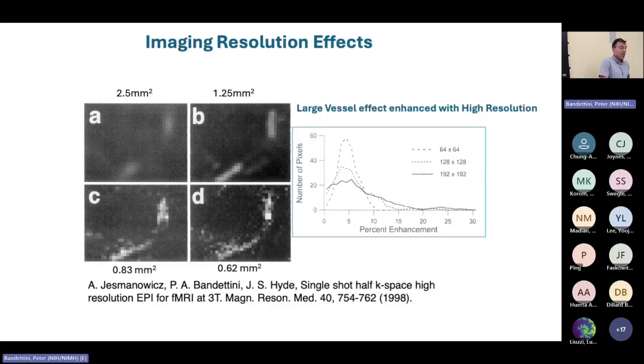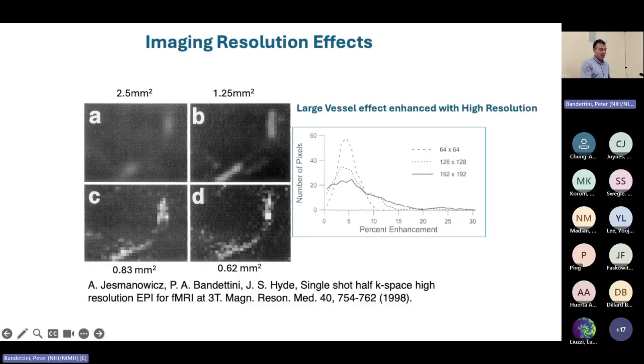So we did a study a long time ago where we basically changed the voxel size from 2.5 millimeters down to 0.6 millimeters. And just using nothing fancy, just partial k-space-based reconstruction.